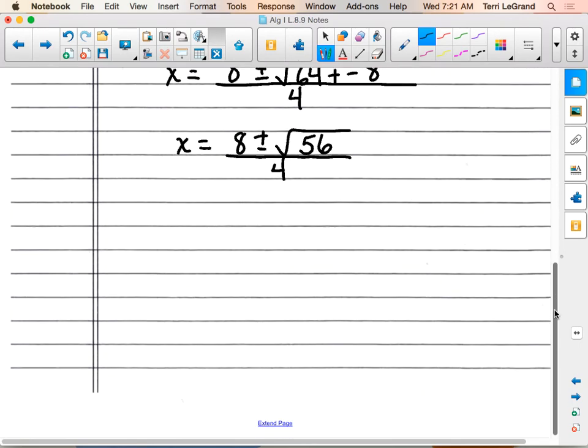Now in our next one, let's do some rounding here. Let's find the square root of 56 and round it to the nearest hundredth, like we did yesterday. So when you put the square root of 56 into your calculator, you end up with 7.483.